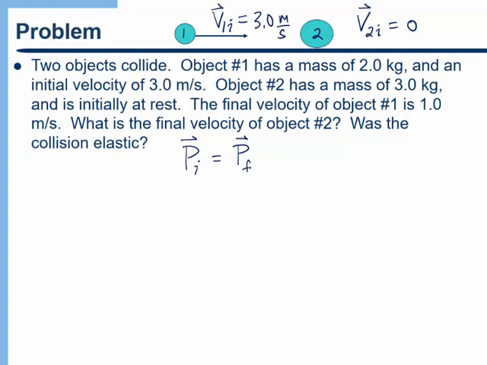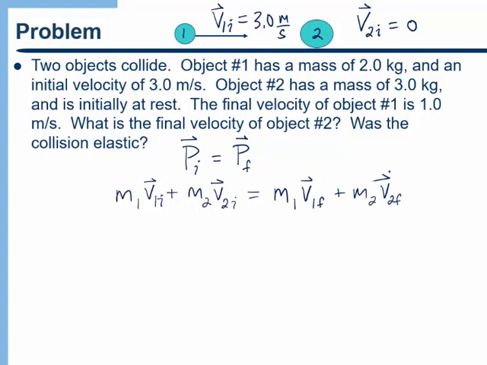Well, most generally, beforehand, the two objects could each be moving. We'd have m1 v1 initial plus m2 v2 initial. And the same thing could also be true after the collision. So we'd have m1 v1 final plus m2 v2 final.